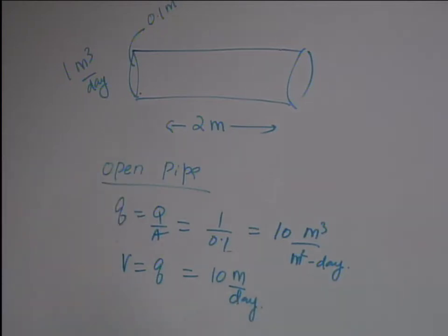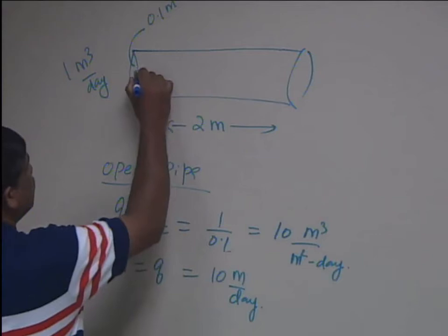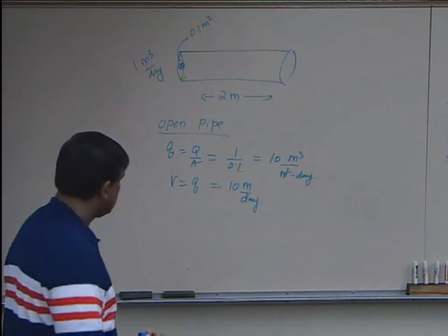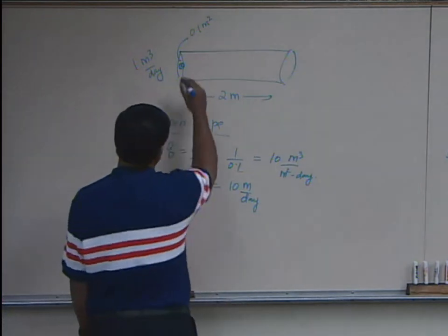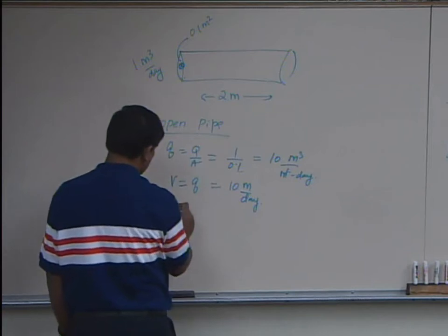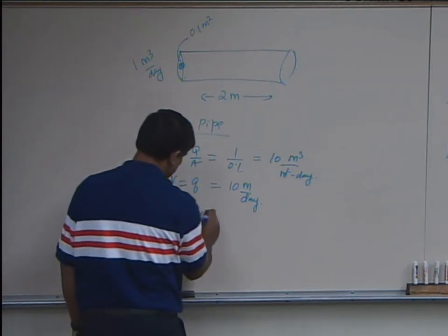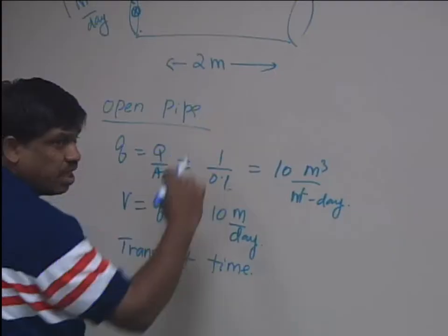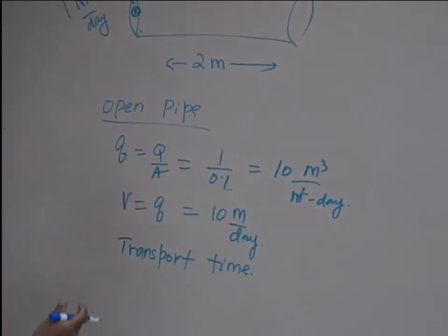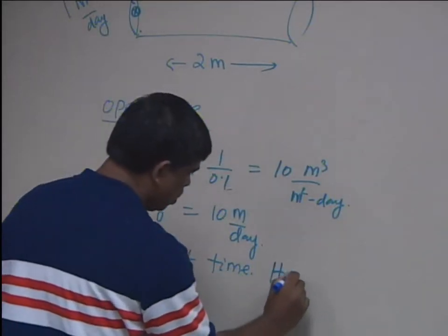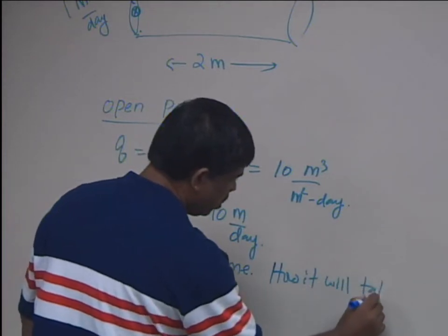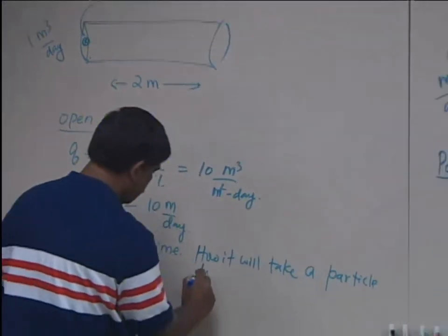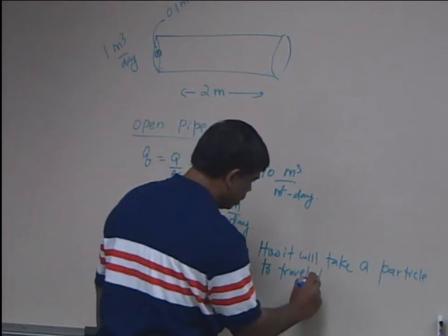So if I dropped a blue dye here, how long will it take to exit in this open pipe? 0.2 days, right? If I drop something in the inlet, how long will it take for the particle to travel this column or this pipe?